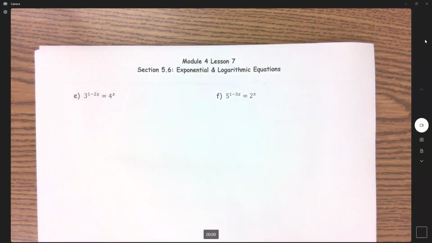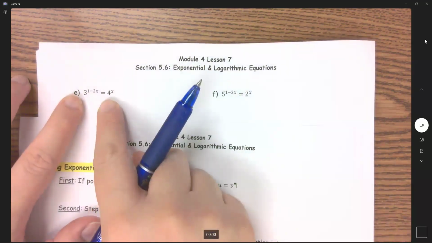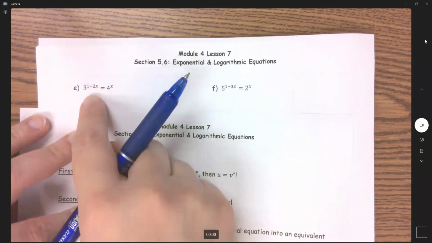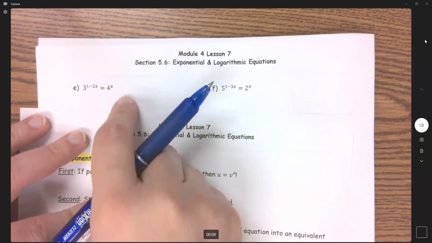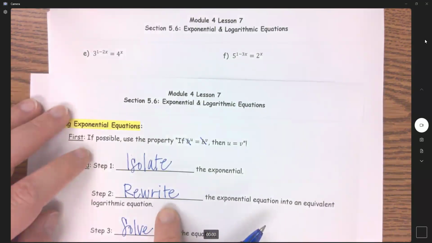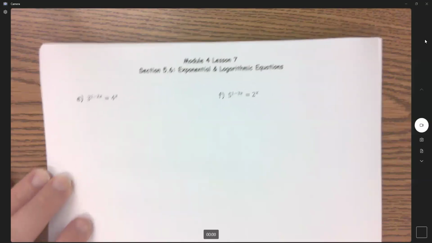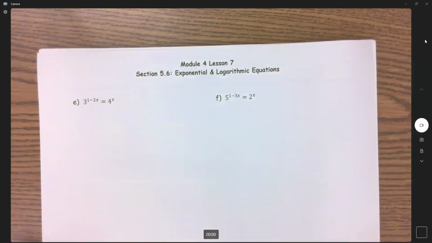So my first step is to isolate. I can't use this property here because they have different bases, right? So first I need to isolate. Well, I have this exponential already isolated and this one as well. So we are all ready to rewrite. When I rewrite this, it doesn't matter which way you want to start.